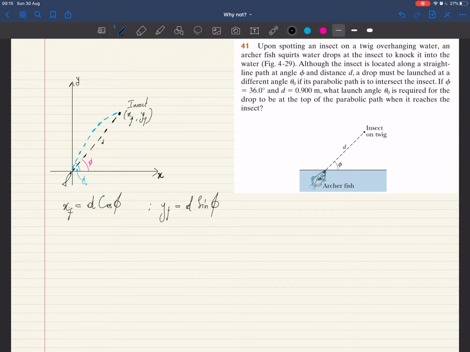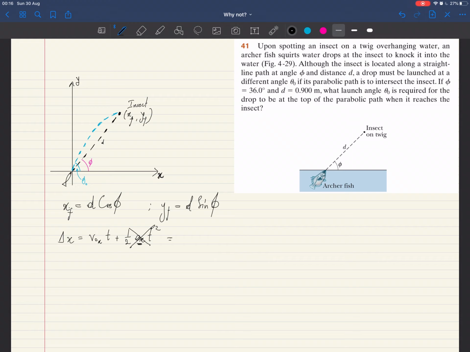These are the final positions which the droplet has to acquire. What does this look like from the droplet's perspective? The displacement of the droplet in x has to be v0x times t plus half ax t squared. But once the droplet is squirted by the fish, nothing propels it to speed up in the x direction, so we can discard this term. Basically, ax is 0.